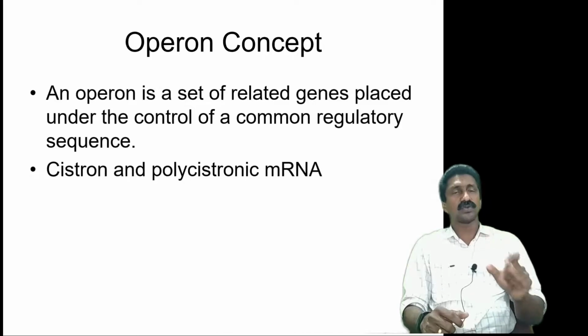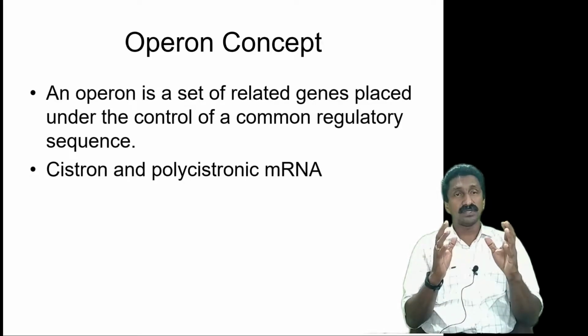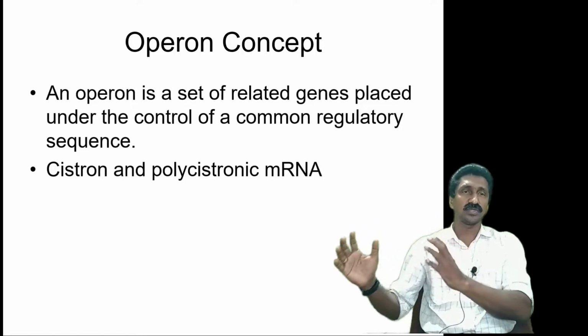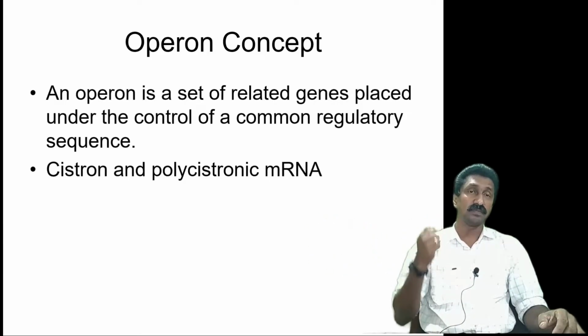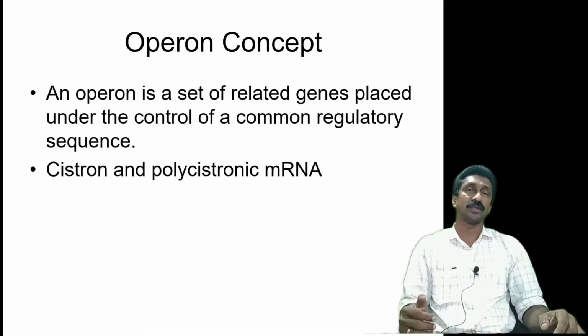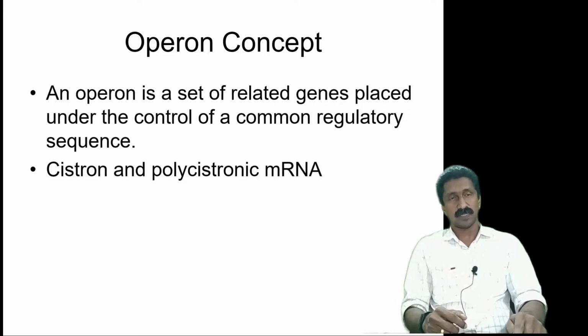A polycistronic mRNA contains multiple cistrons, or multiple regions corresponding to the concerned polypeptides. So many polypeptides can be simultaneously translated from the same polycistronic mRNA. So that is the concept.